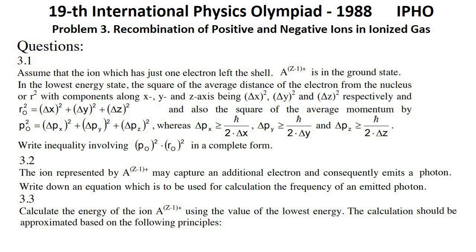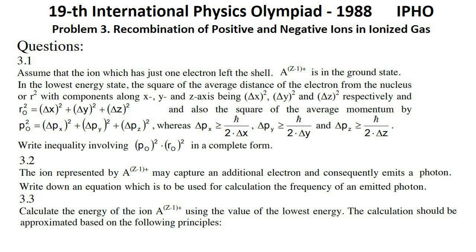Question 1. Assume that the ion which has just one electron left in the shell, A^(Z-1)+, is in the ground state. In the lowest energy state, the square of the average distance of the electron from the nucleus is r0 squared, with components along the x, y and z axes being Δx squared, Δy squared, Δz squared respectively, so r0 squared equals Δx squared plus Δy squared plus Δz squared.